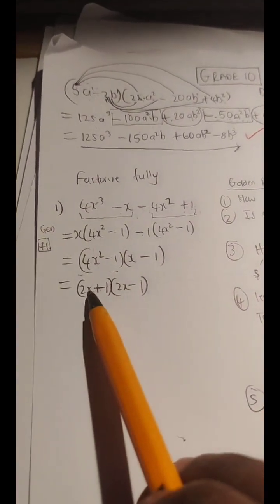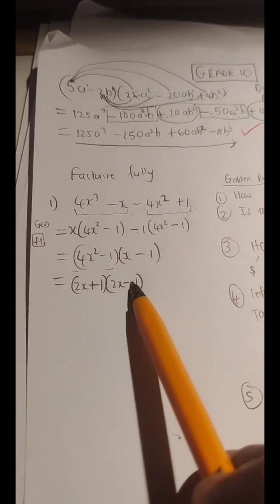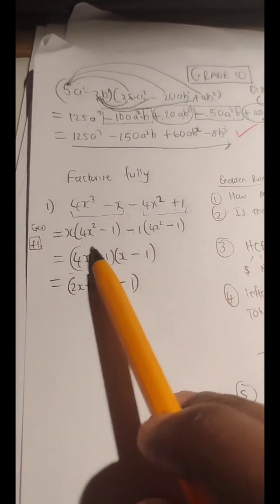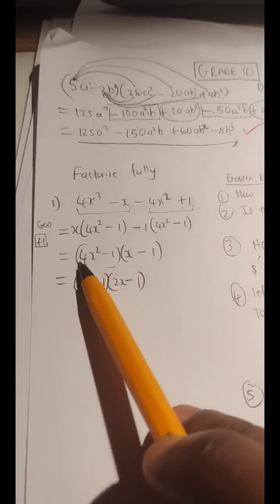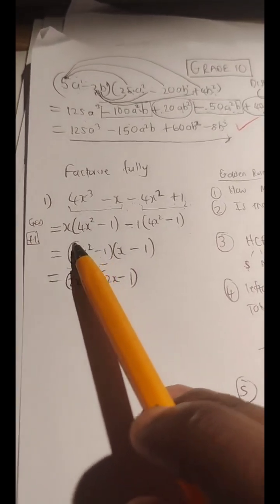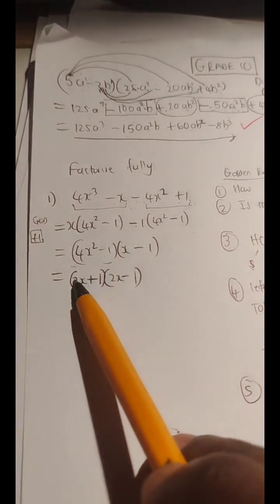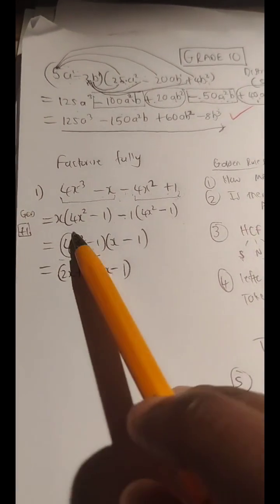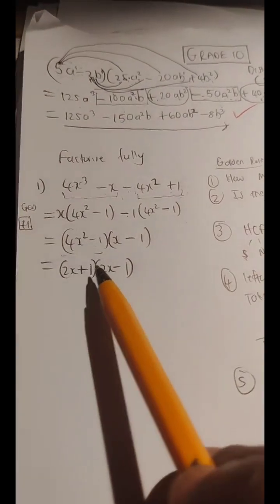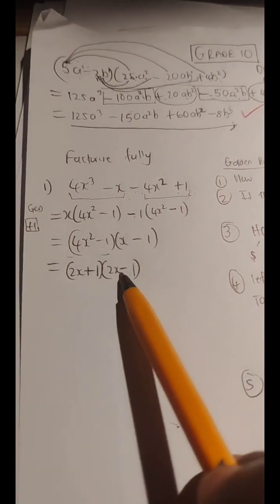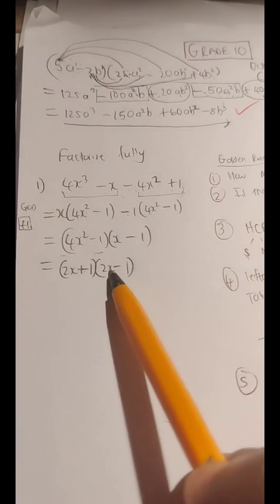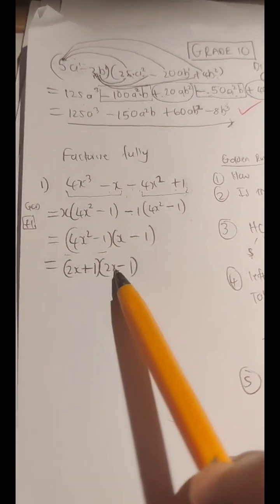So how did I get the first term in each bracket? I took the square root of this perfect square, which is 4x squared. The square root of 4 is 2. The square root of x squared is x. So that's why we have 2x in the first position in each bracket.